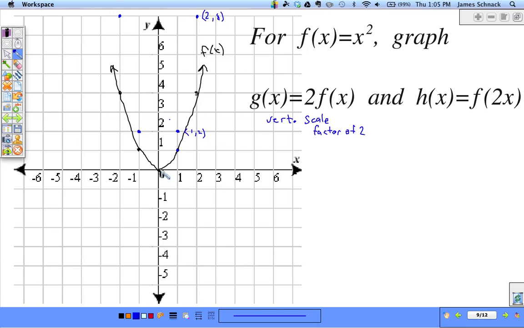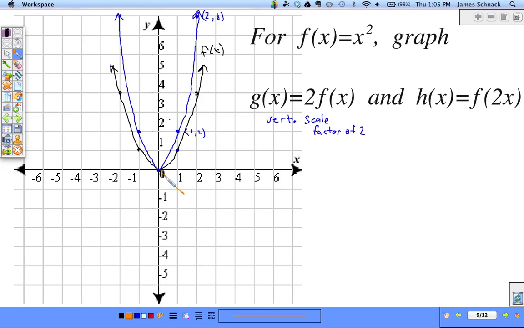Now what's 2 times 0? It's 0. So that point does not move. And you can see that this graph has become quite a bit more steep. We've sort of grabbed onto the ends of this parabola and pulled them straight upwards.